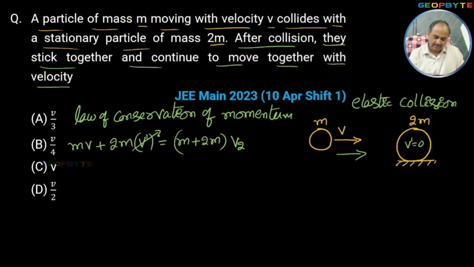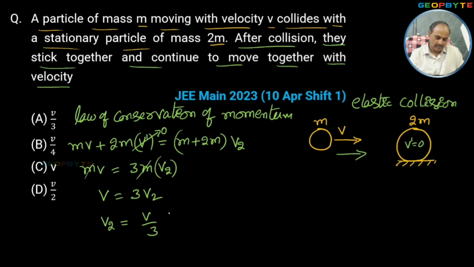This v dash is 0. So m v equals 3m into v2. This m is cancelled, so v equals 3 v2. Therefore, the final velocity of the combined system is v by 3. Look at the option A. Option A is absolutely correct. Are you following clearly? Yes.